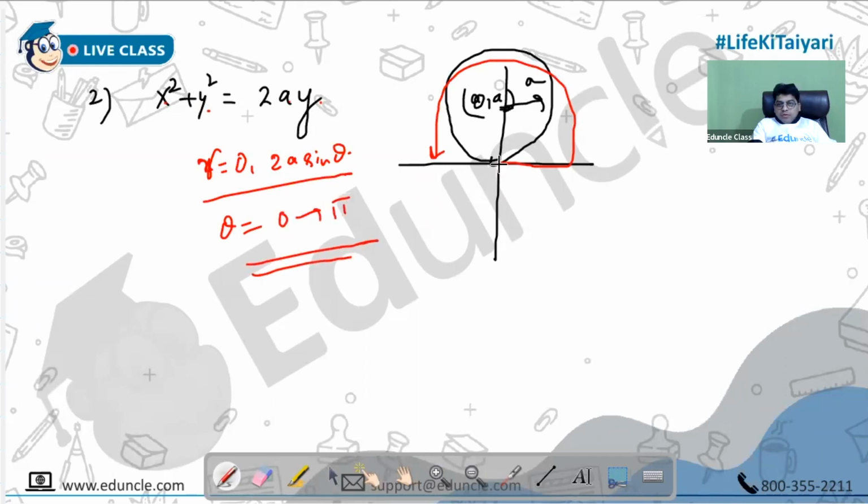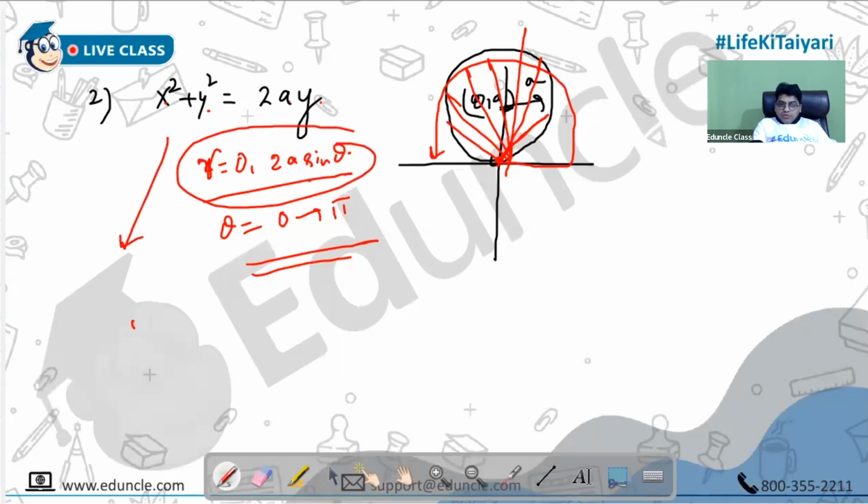Okay? r is equal to 0 to the curve, and the curve varies depending on theta. That's why it is 0 to a theta. Otherwise you can put r square equal to 2ar sin theta, so r square minus 2ar sin theta equals 0.